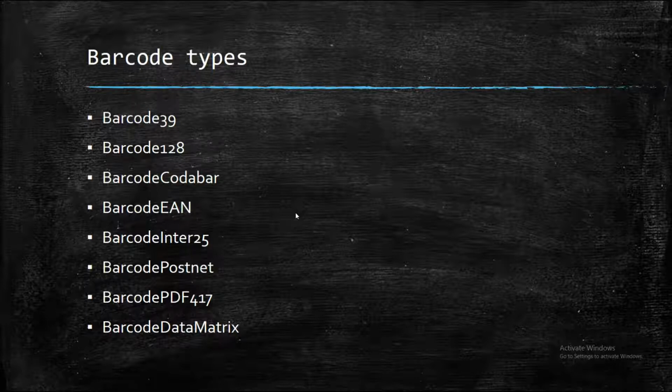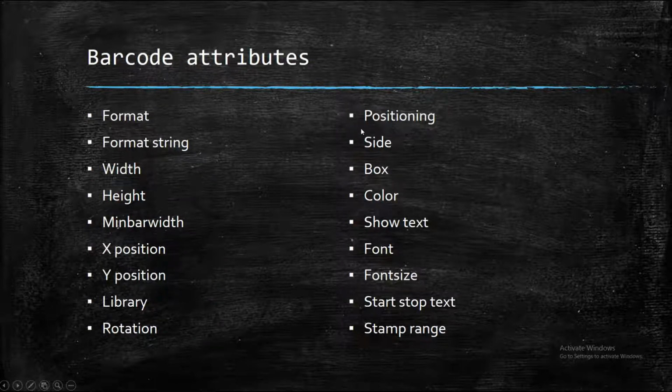Now, there may be some differences across these different barcodes, but for the most part, we have the following attributes when we're working with these barcodes. One thing you should start noticing by now is that a lot of these attributes that we see for the different elements are used across all of the different elements.